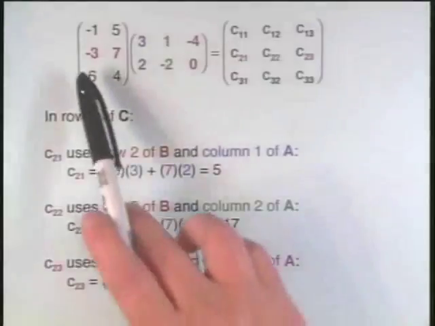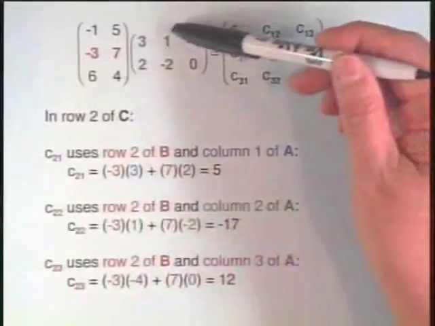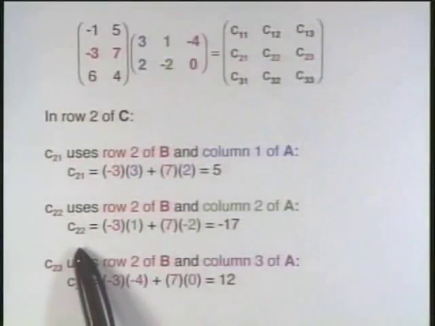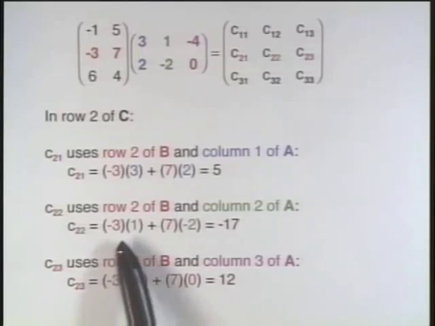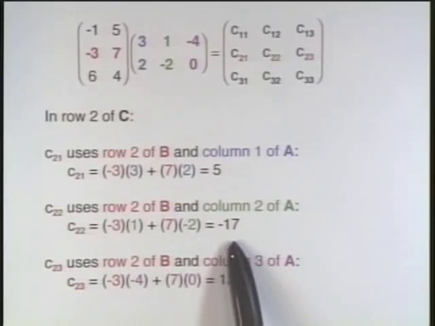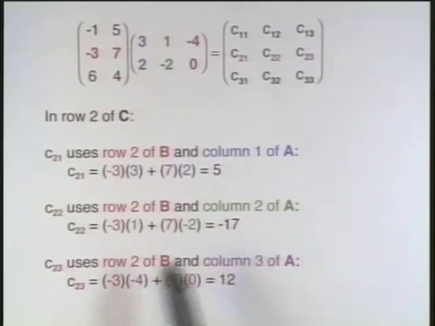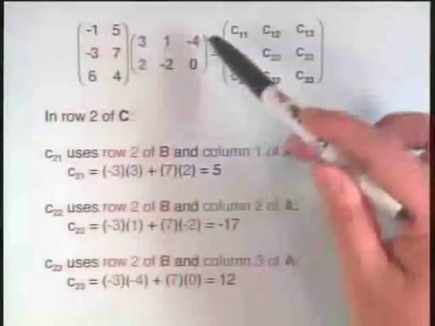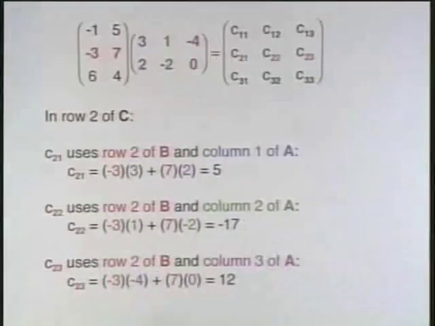C22 uses row 2 of B and column 2 of A. C22 is negative 3 times 1 plus 7 times negative 2 for a value of negative 17. C23 uses row 2 of B, column 3 of A. C23 equals negative 3 times negative 4 plus 7 times 0 for a value of 12.